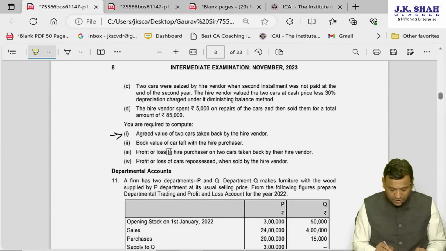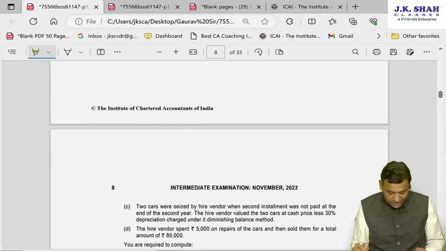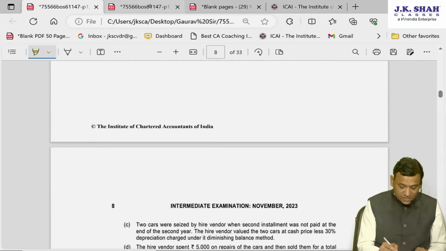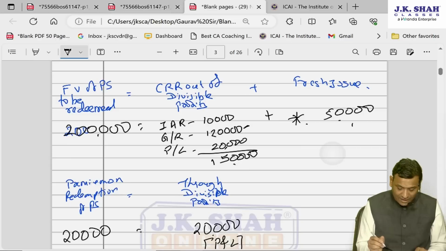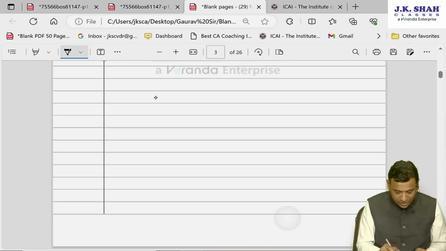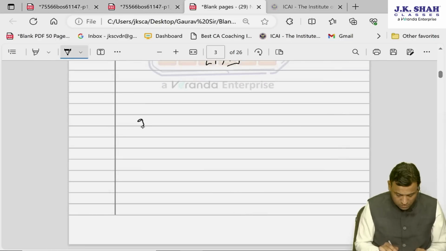Profit and loss to the HP purchaser on the 2 cars taken back by the hire vendor. Now what did the hire vendor do? The hire vendor has adjusted the value. Now what is the value which the hire vendor is giving me? Sir, he is giving me only 98,000.